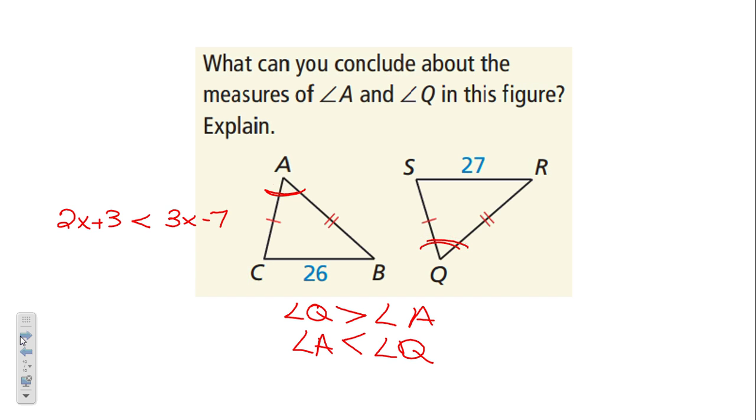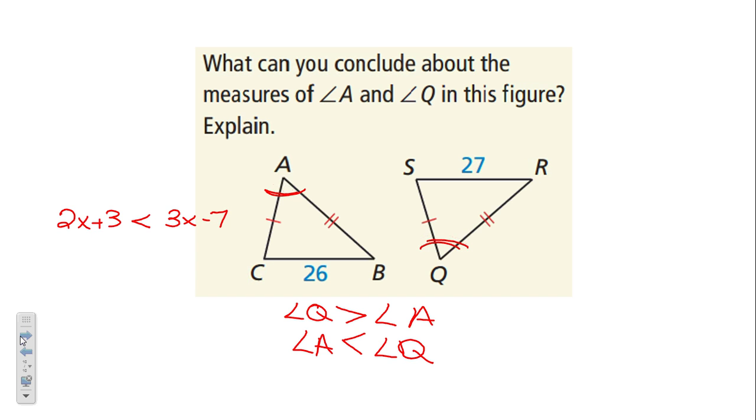Divide by a negative. So the inequality doesn't switch unless you're dividing by a negative. If you're adding and subtracting on either side, you're fine. But when you divide by a negative, that's when you switch your inequality. A little review from Algebra 1.